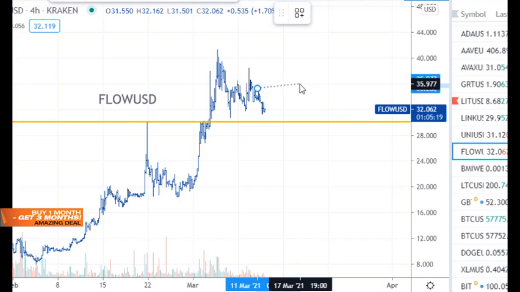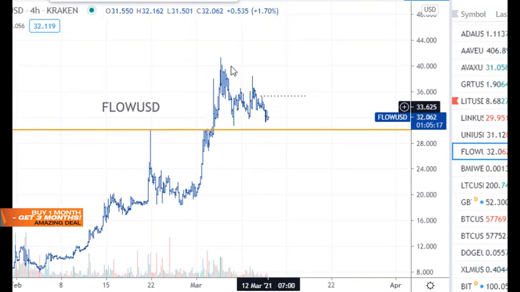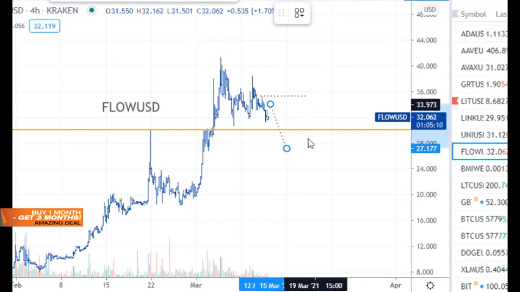And it's not to say that it can't come back down here, and if it does do that, then you need to work it from this point.